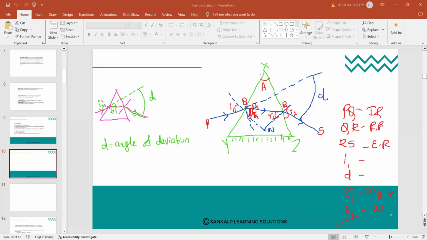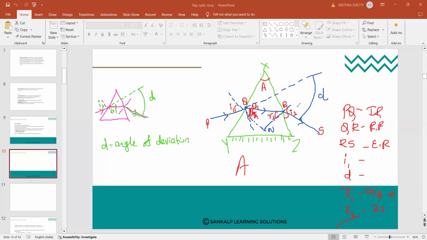R2 is the incident angle for the second surface, or it can also be called the second refracting angle, no problem. So D1, D2 are again the deviations. Capital D is the angle of deviation. A is the prism angle. Yes, is the figure clear to everyone?